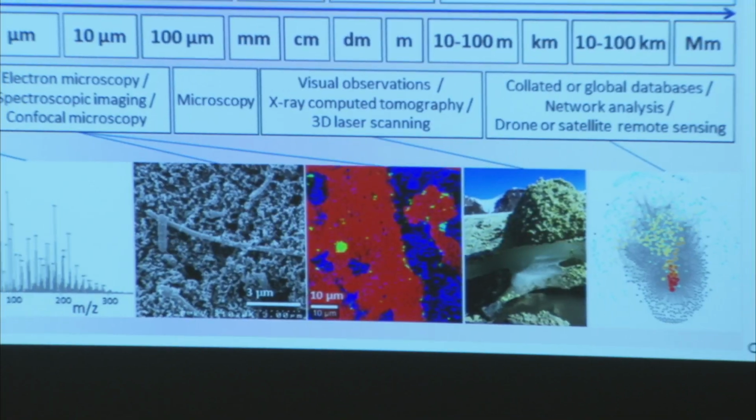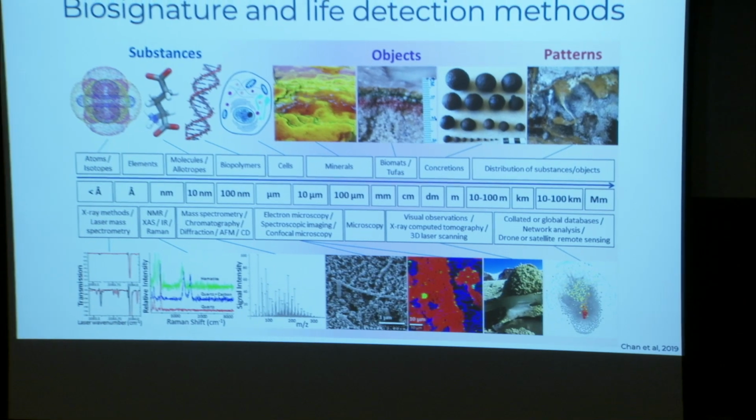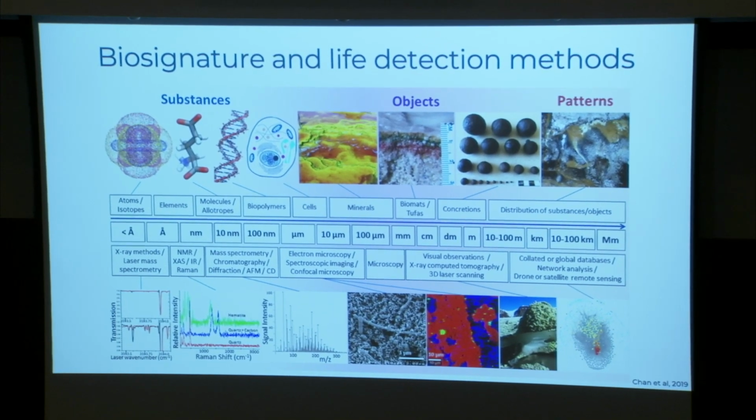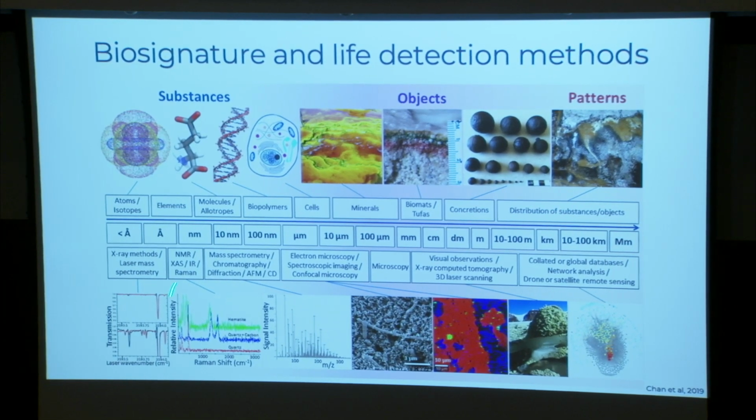So there are, of course, different life detection techniques that we can use, and these range from microscopic observations to hand sample and outcrop observations up until planetary scale observations. And I'm quite similar to Frank.